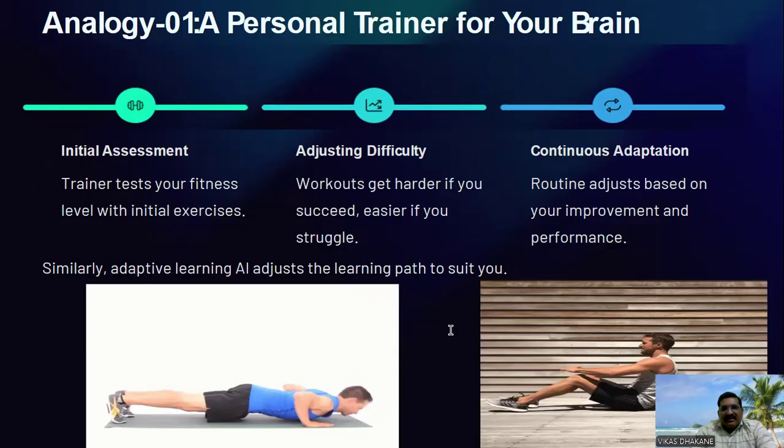Okay. Now from these real life examples only, using this real life scenario only, the adaptive learning in artificial intelligence systems is being built. By taking motivation from real life examples, AI systems are getting good.